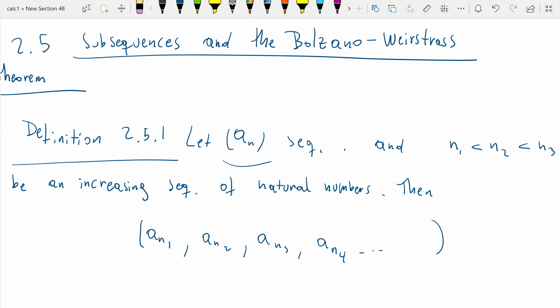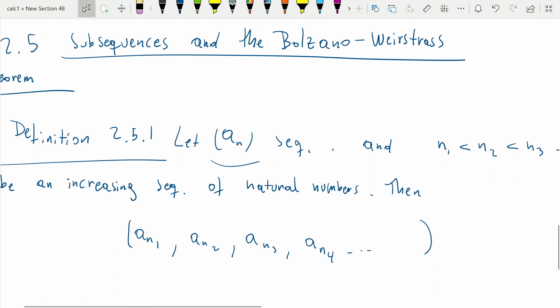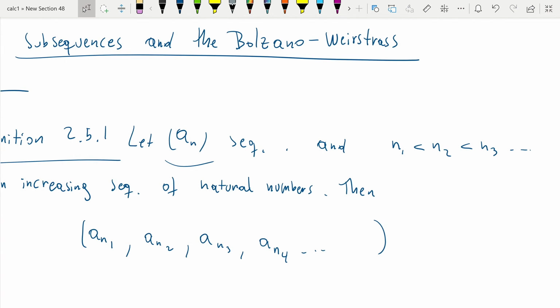And a subsequence is an infinite collection of elements in the sequence. It could be the sequence itself, but the restriction here is that the order is preserved. So you have to pick infinitely many of the elements in the original sequence.